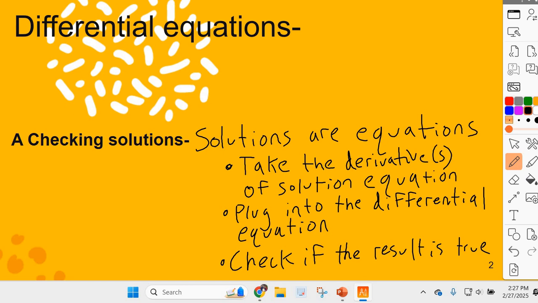But you do see the verify ones quite often. I think we've looked at one like that on our AP practice. You'll see these on the AP test sometimes, because what's nice about those is if step 1 is verify that this is a solution, and then step 2 is based off of the solution, then you can do the rest of it without having to solve for something on the first one.